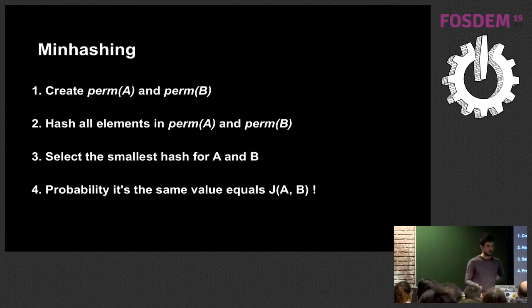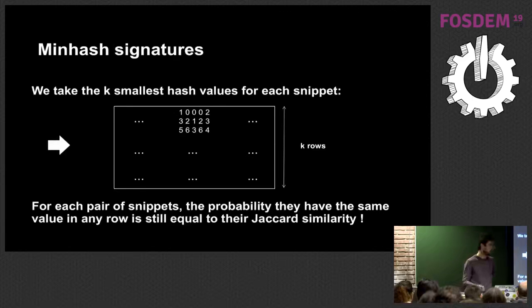What's interesting is that since it's a random permutation, if we pick the second or the third or the fourth or the nth element, this still holds. So if we take k values, creating what we call a min hash signature, and concatenate them into what we call a min hash signature matrix, then for each column and each row, the value will be the same with probability equal to the Jaccard similarity of the files associated to each column.